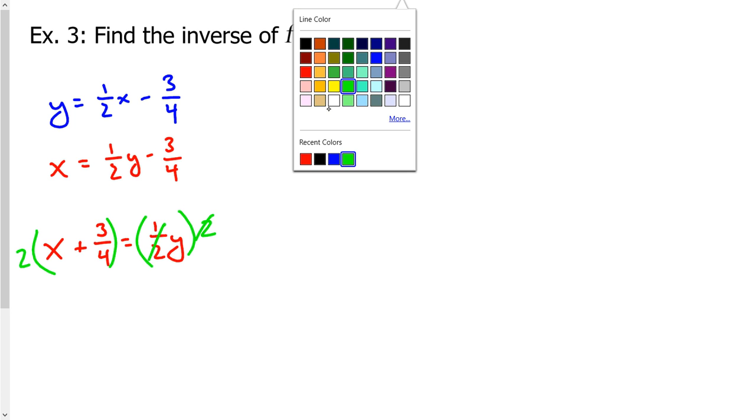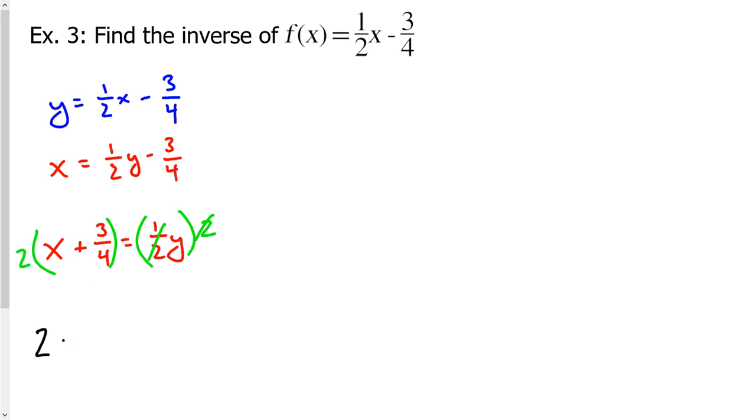Now I have 2 times x is 2x. 2 times 3/4 is really 6/4, but 6/4 can be simplified into 3/2. So that's where I'm getting the 3/2 from. 2 times 3 is 6. 6 over 4 is the same thing as 3 over 2, right? And that's going to equal y.